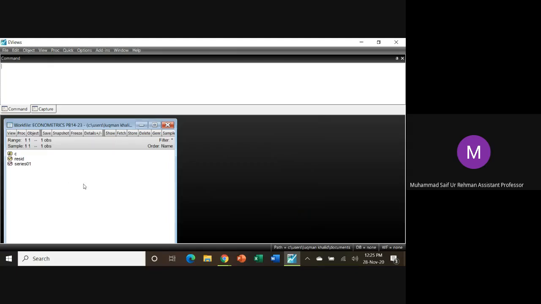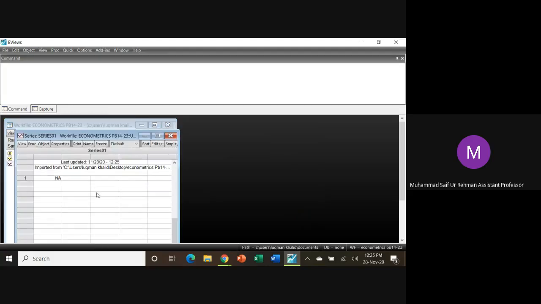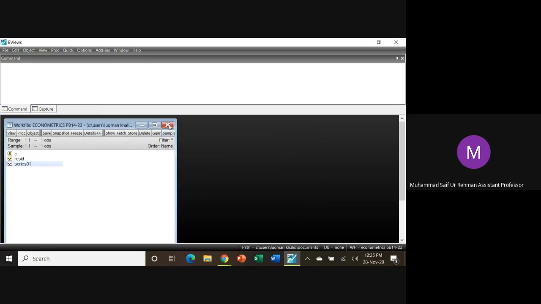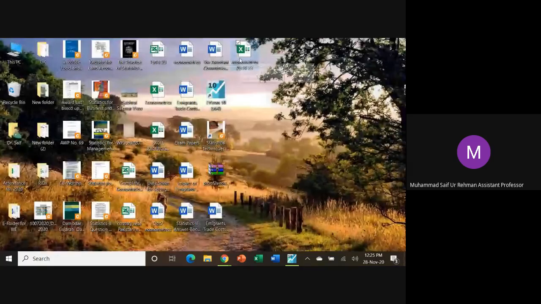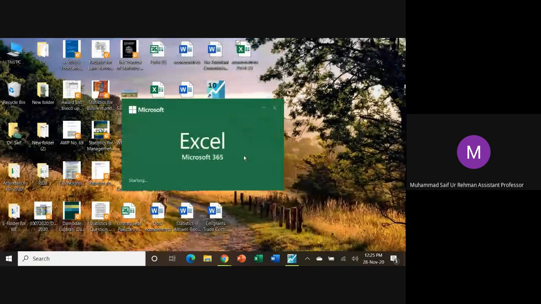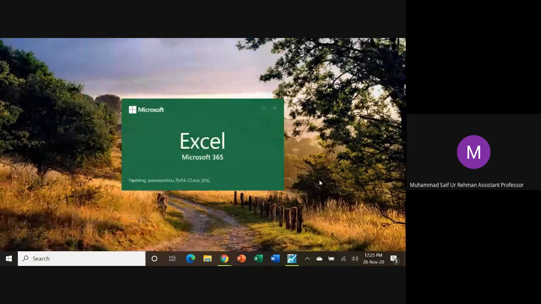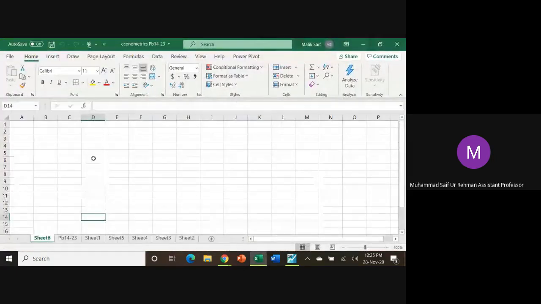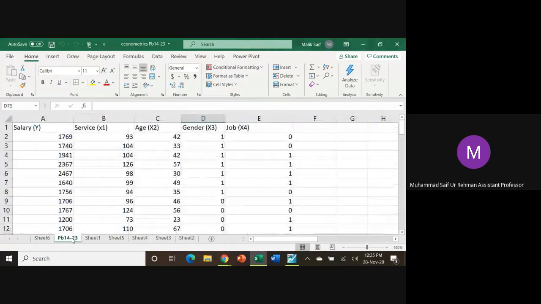Okay. Series 1 and series 2. There are no values over there. In fact, there was no value. I didn't paste the values over here. That is the reason. Okay. I have pasted the values over here.